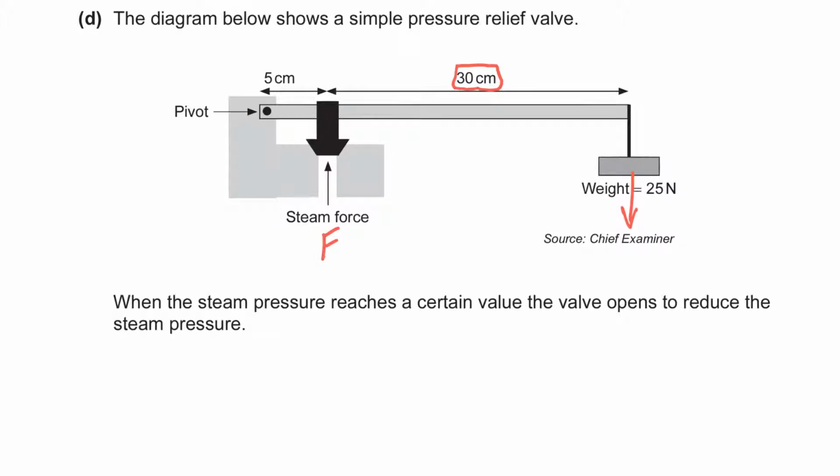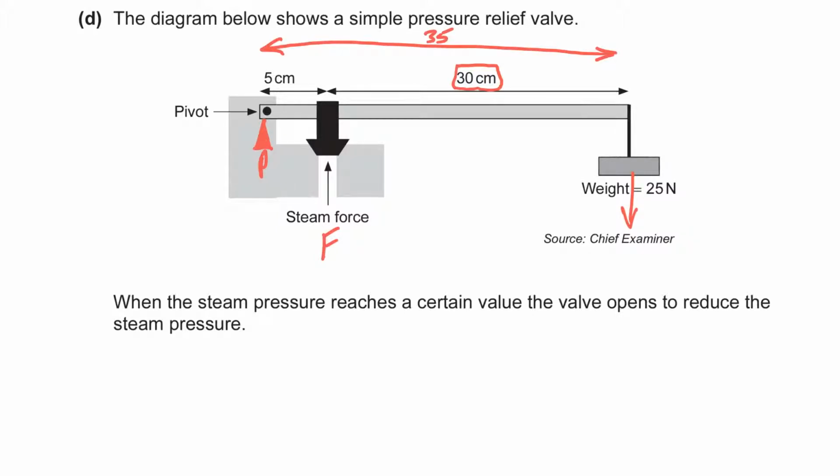So F times 5 is fair enough, that is the moment about the pivot. But the 25 times 30 is not the distance to the pivot here, because the pivot is actually 35 centimeters away from that weight, and that is the distance we need.